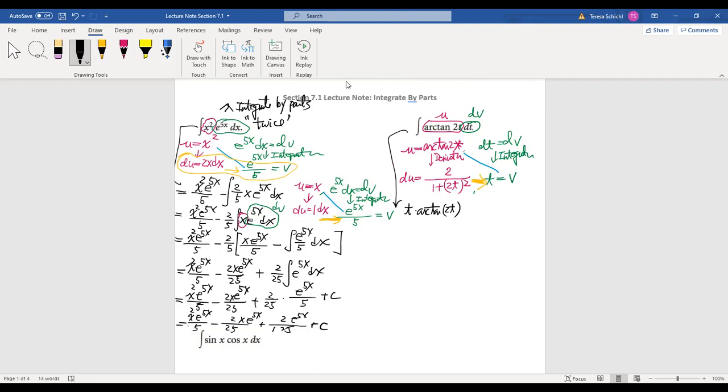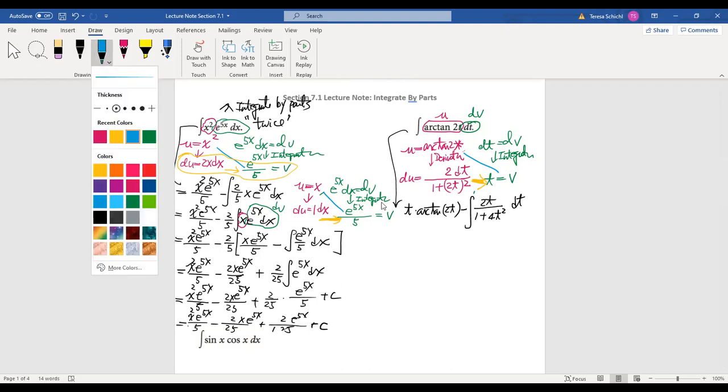Then minus the integral of v du, so it's minus the integral of 2t over 1 plus 4t squared dt. Here I should have always put the dt. Now I need to integrate this part here, correct?